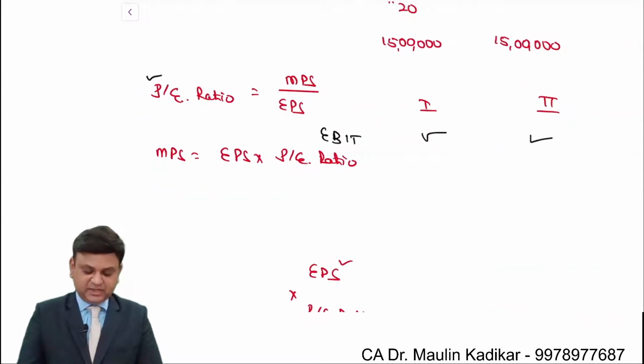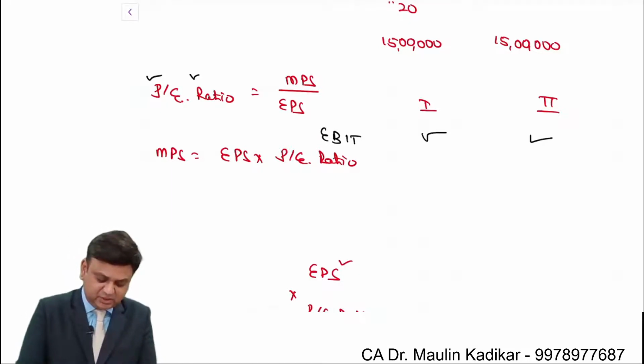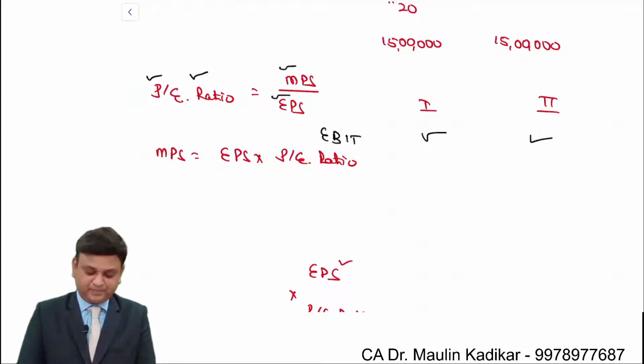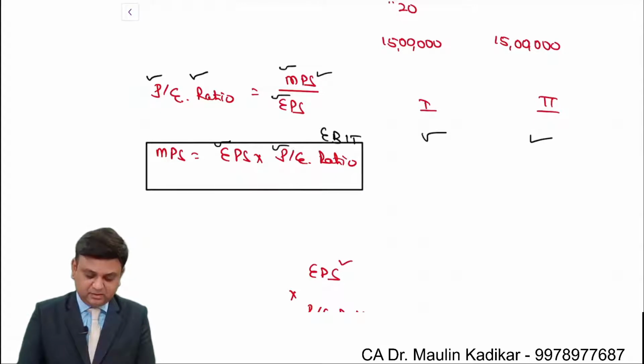In our ratio analysis chapter, there is a formula: price earning ratio is equal to MPS upon EPS. We want to calculate MPS, so it will be computed as EPS into price earning ratio. This is the formula which is required to be applied.